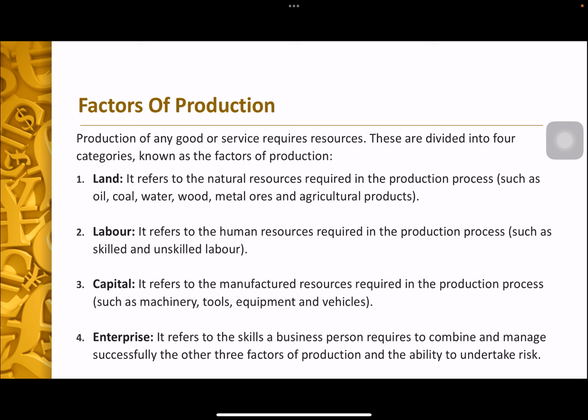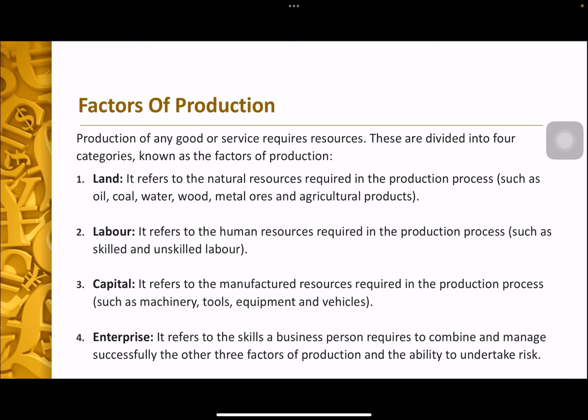Now we are going to discuss the factors of production. Factors of production, as per Adam Smith, are those factors that help in the production of wealth. So here, the first factor is land.